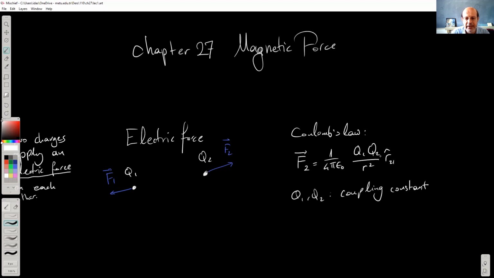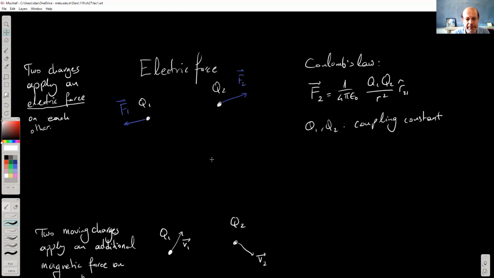Don't get confused by this expression. I have talked about this before, but it's a very simple expression of the force between 2 charges. Let's remember that the charges play the role of the coupling constant, so it tells you how strongly these 2 charges interact.